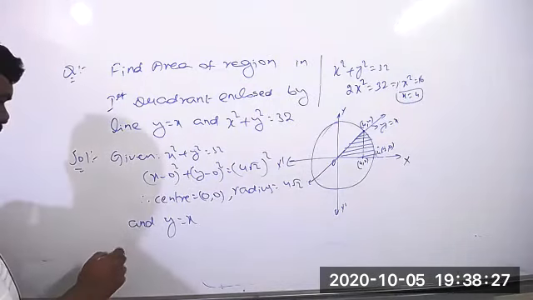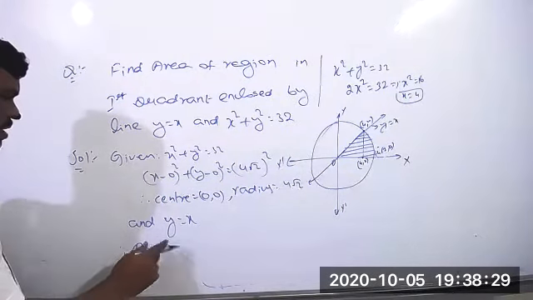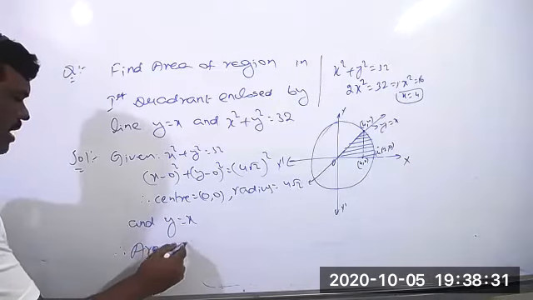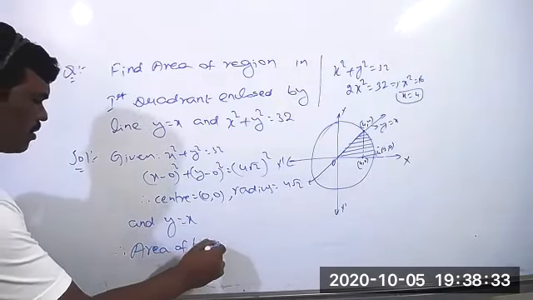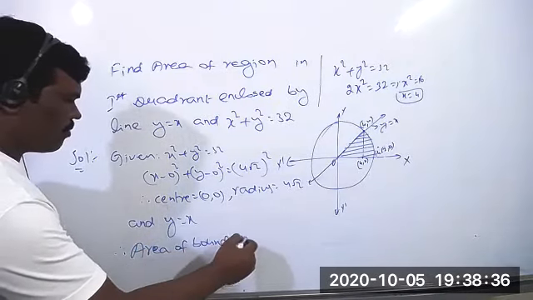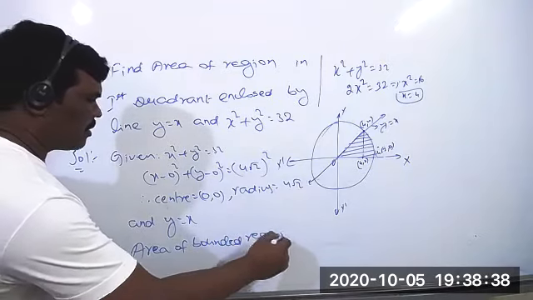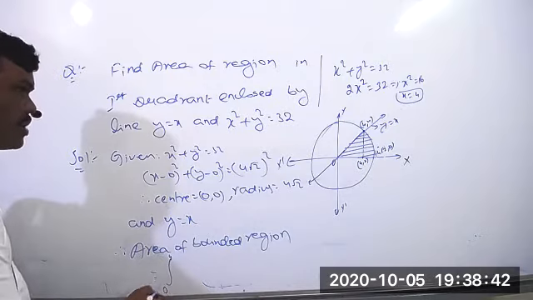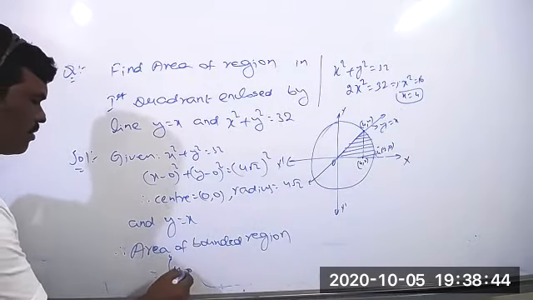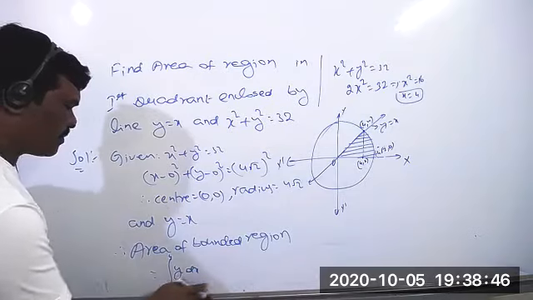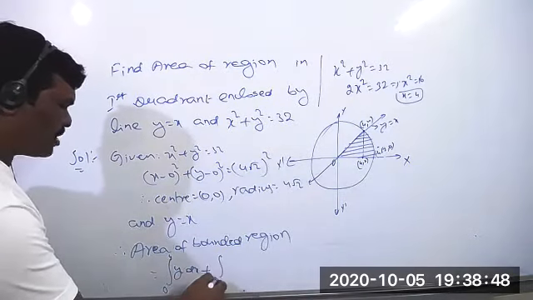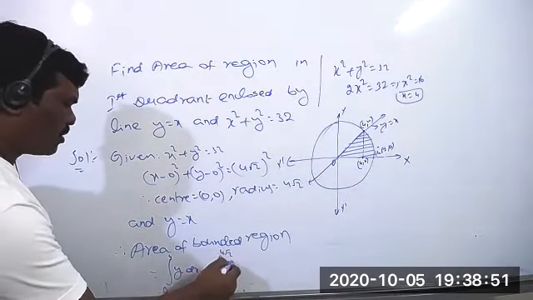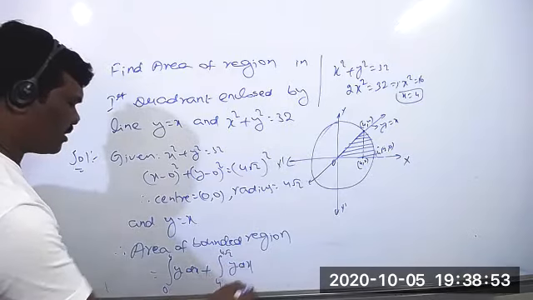So therefore, area of bounded region is equal to first one, integration 0 to 4 y into dx, plus integration of 4 to 4 root 2 y into dx is the second thing.